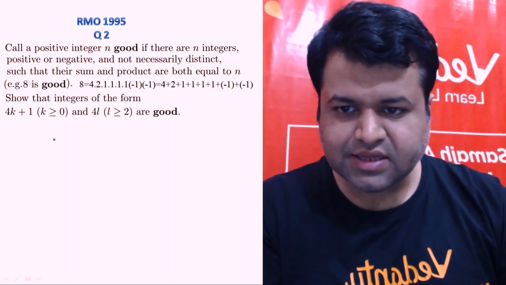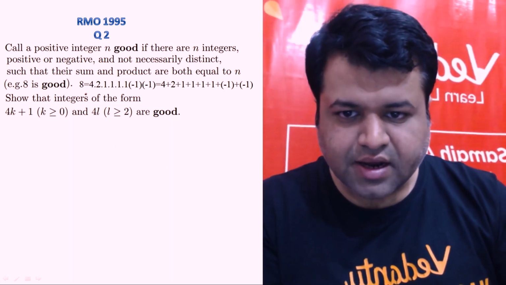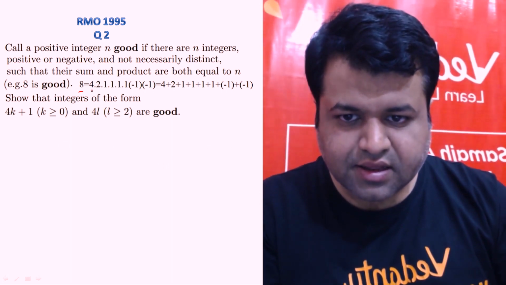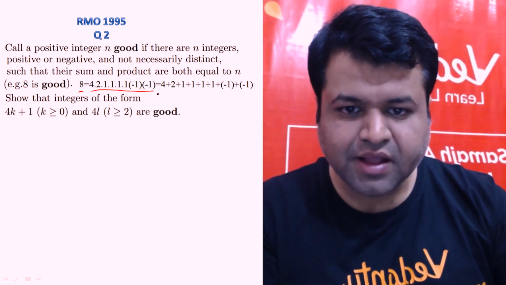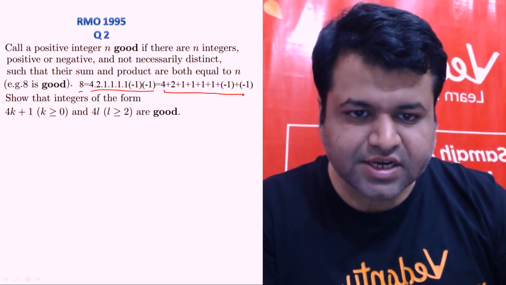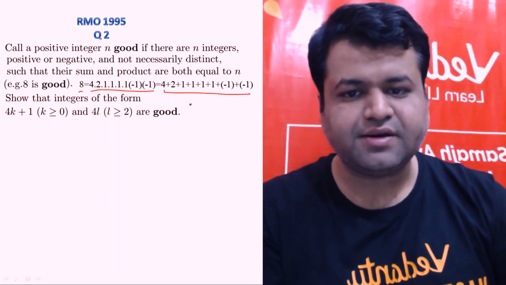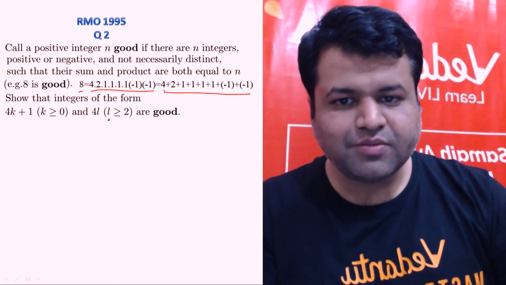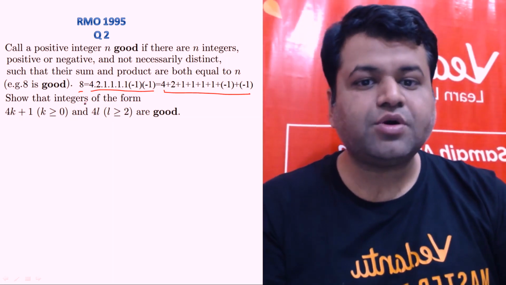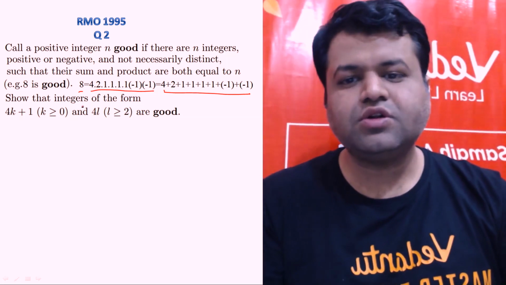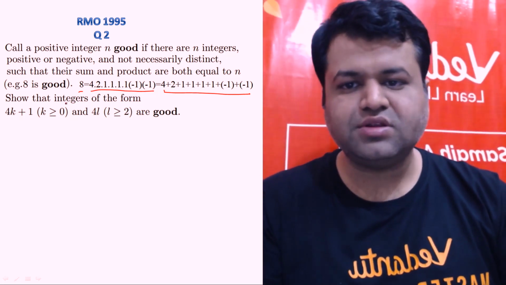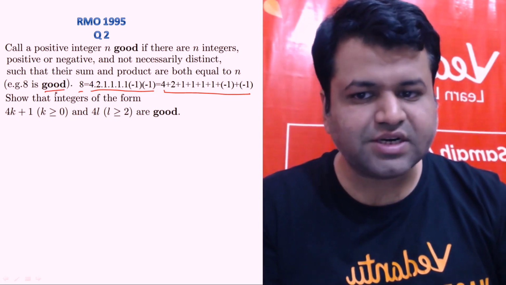For example, 8 is good because it can be written as a product of 8 numbers whose sum is also 8. So a number will be good if it can be written as a product of n numbers whose sum is also equal to the given number. In that scenario, the number is considered good.